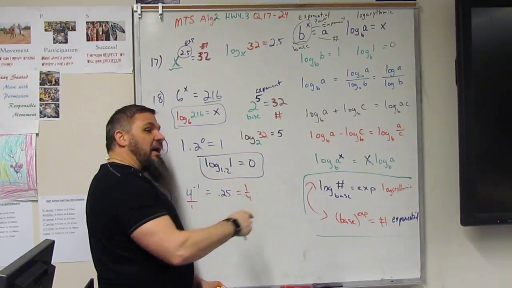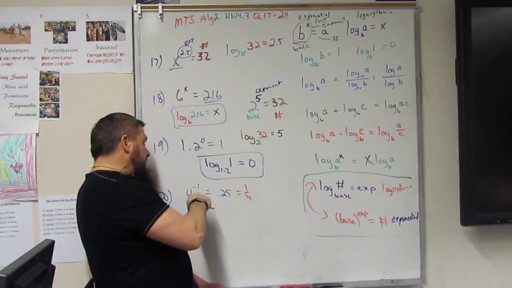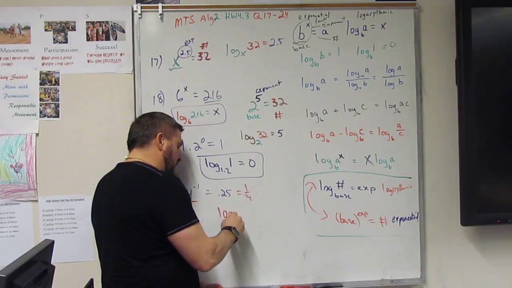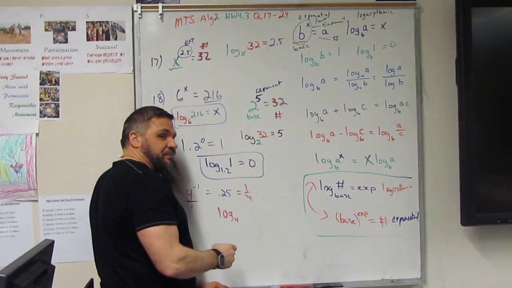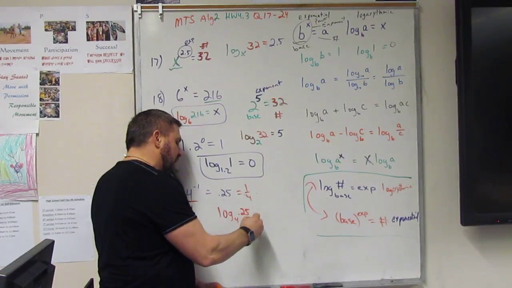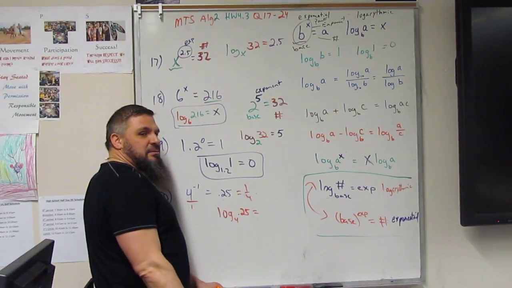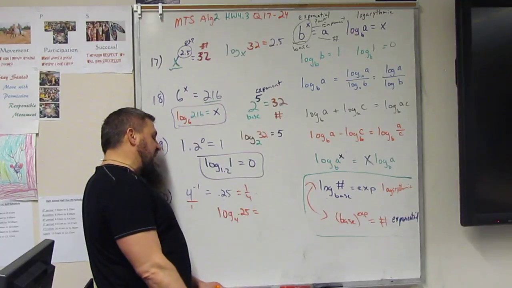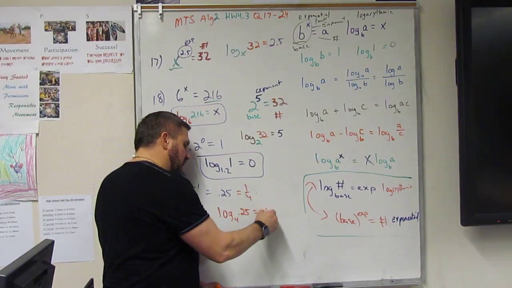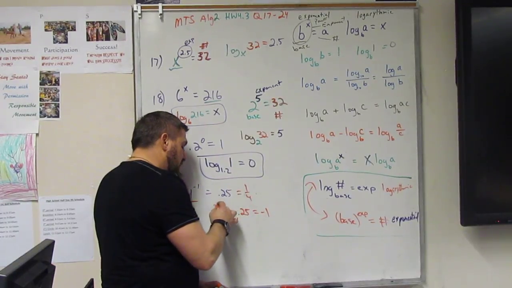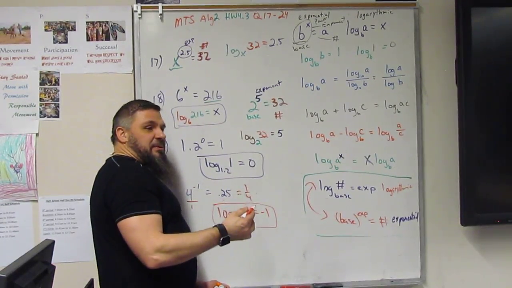But we want to be able to write this as a log. So what's the base? 4. Yeah, log base 4 of what's the number? 0.25. And it equals what? What's the exponent? -1. Remember, what is a logarithm? It's an exponent. A logarithm is an exponent.